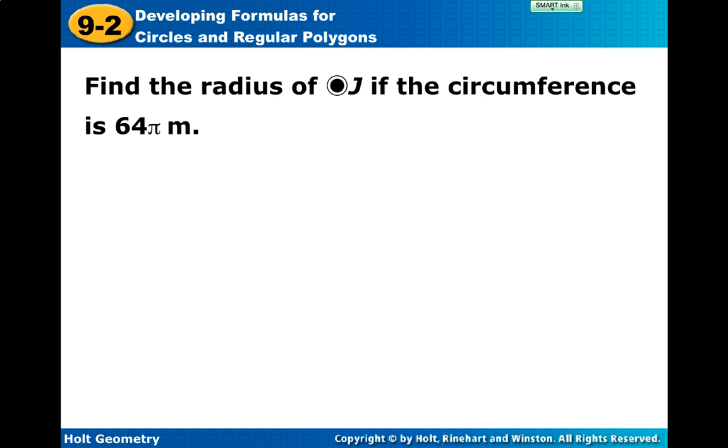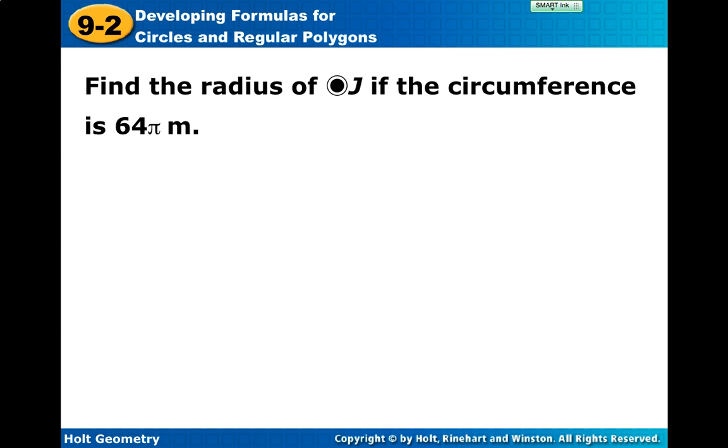Find the radius of circle J if the circumference is 64 pi. Like we said on the go backwards yesterday, start with the formula. So start with the formula for circumference of a circle. Fill in the C in the formula with 64 pi.